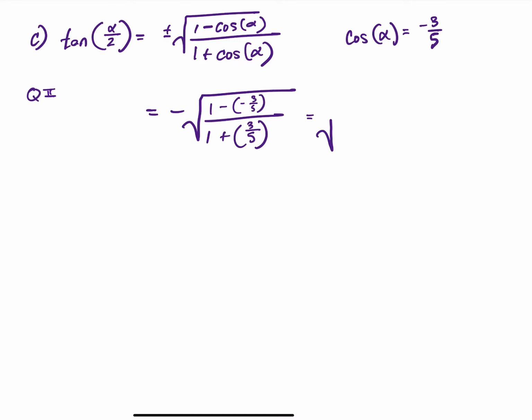So that will be the square root of 1 plus 3/5 over, oh, and this should be negative here, over 1 minus 3/5. Yeah, because we're plugging in negative 3/5 for each of these cosines.